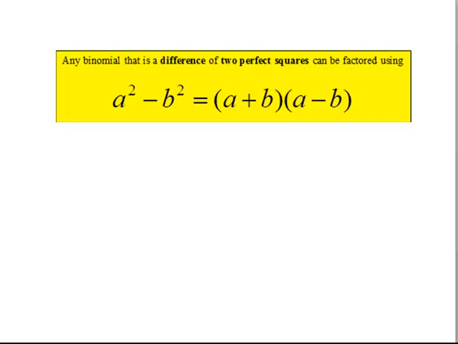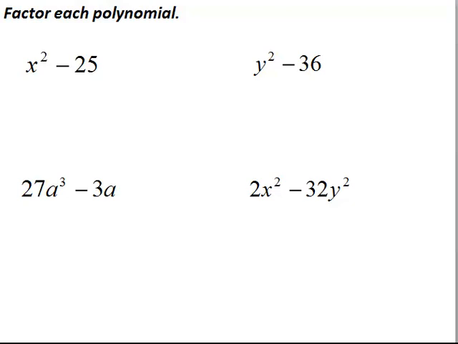So we're going to use this information to factor the polynomials. What I always tell students to do is simply take the square root of each of these to break it up. So the square root of x squared happens to be x. So I'll write x plus and x minus.